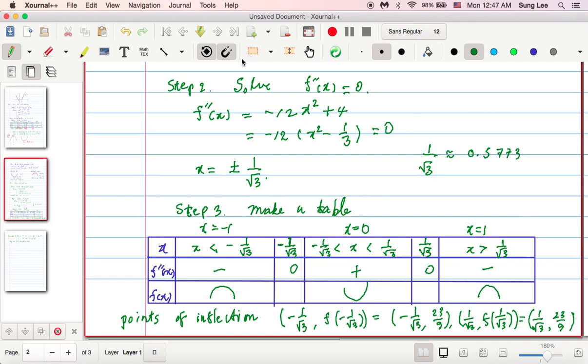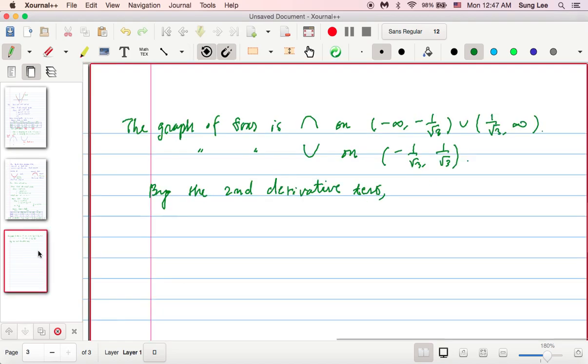So we have f of 0. Okay, so f of 0 equals 2, right? And then f of 1.